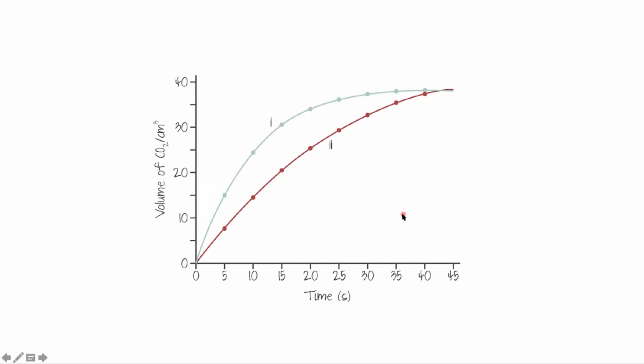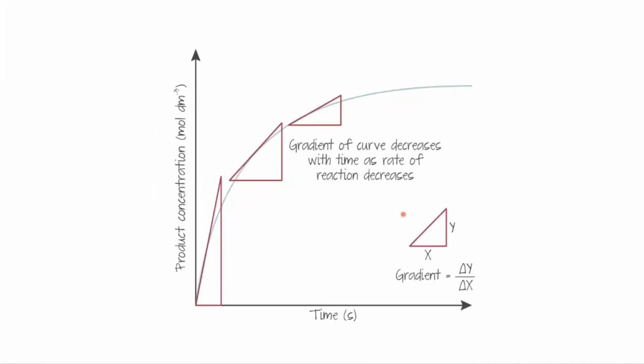Let's go back to this slide to see how do we know if a reaction is faster. This one over here is faster, this one over here is slower. And the difference is this is steeper, this is not as steep.